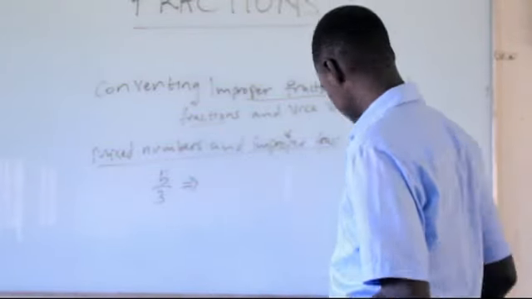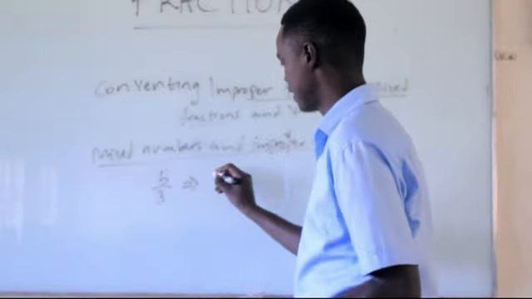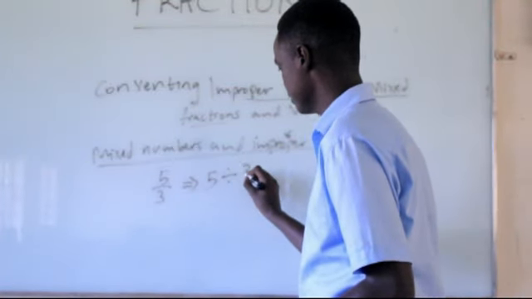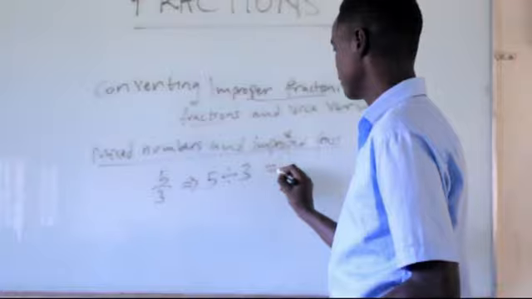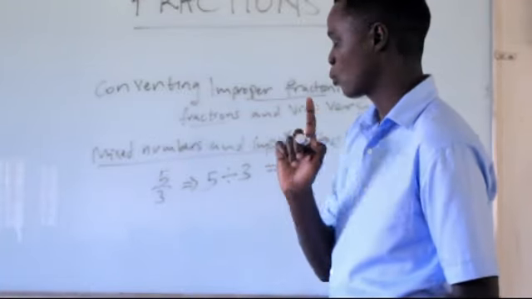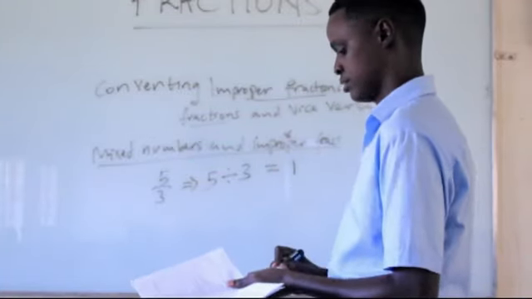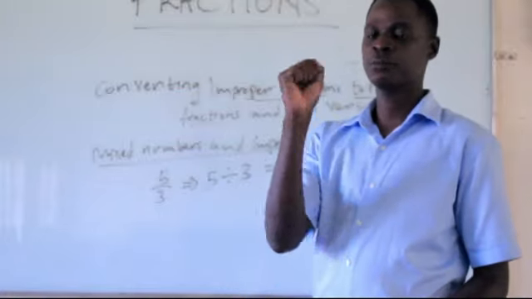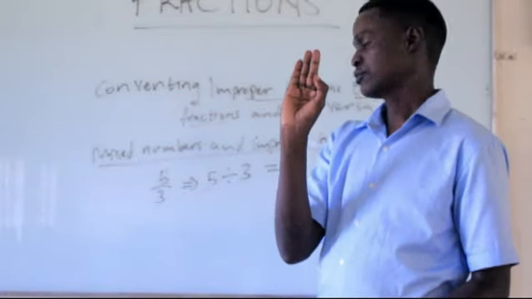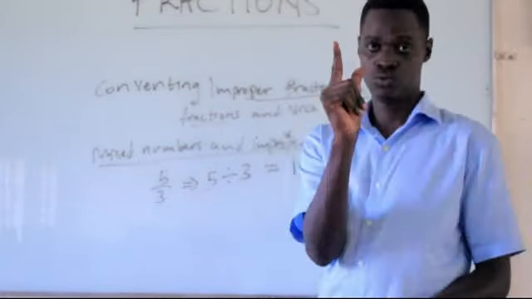So this is the same as 5 divided by 3. When you divide 5 by 3, you will get 1. So 5, if you remove 3, you remain with 2.